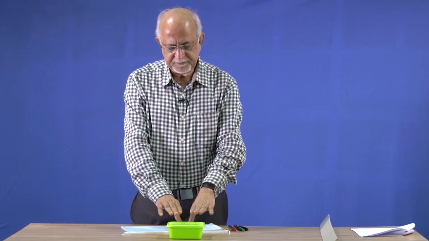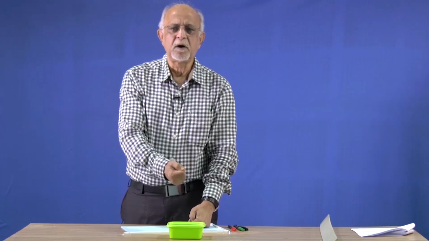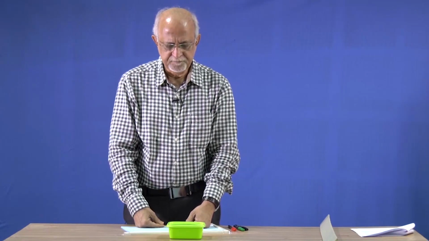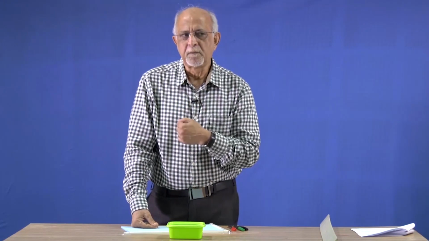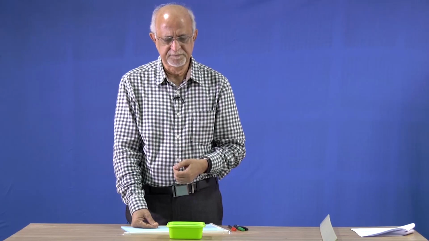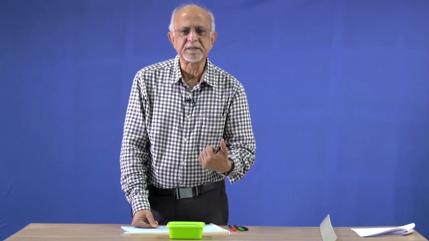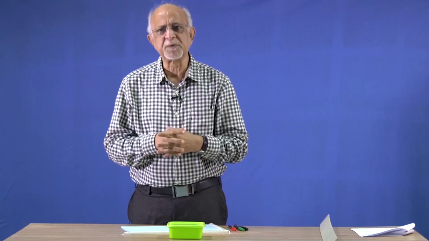When this box is kept over this table, its weight is acting in the downward direction. That weight is essentially the pull of gravity on this box. Naturally, the question comes, why does not the box move further towards the earth? Or in other words, are there some additional forces apart from its weight that are playing some role?